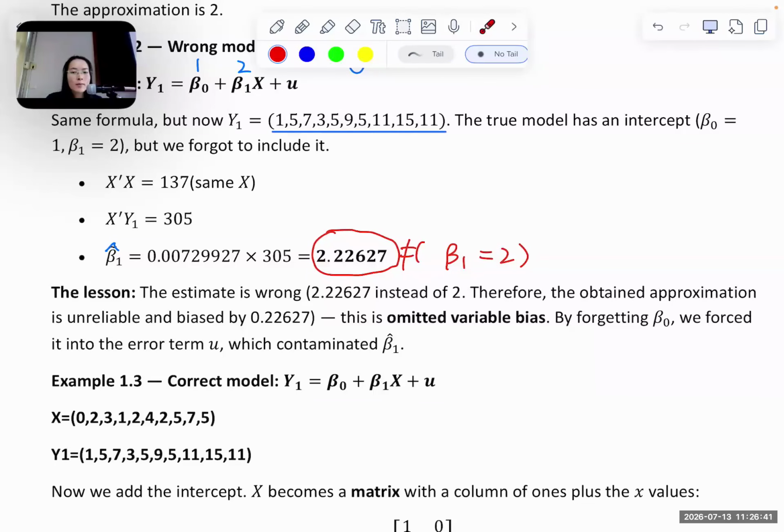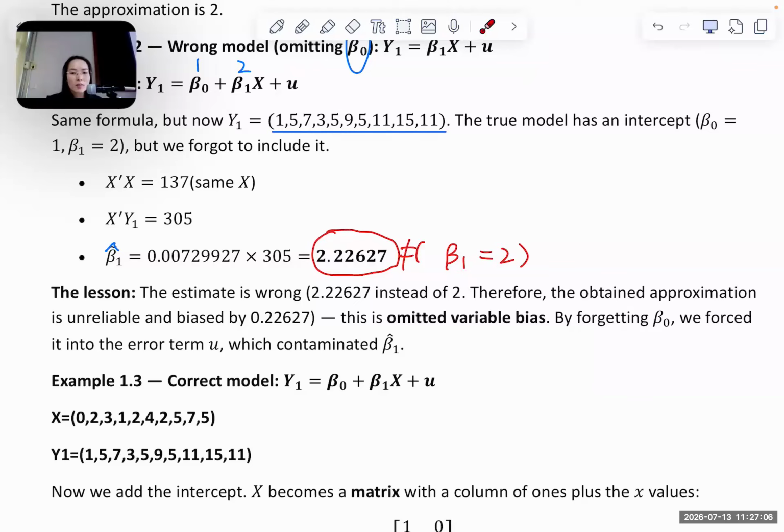And remember, whatever we don't put in the model doesn't disappear. It goes straight into the error term, okay? Since the intercept is essentially always there for every observation, forcing it into mu contaminates our slope estimate. This is omitted variable bias, okay?